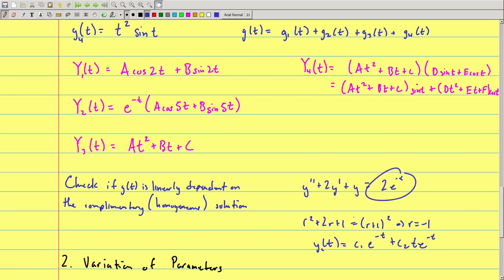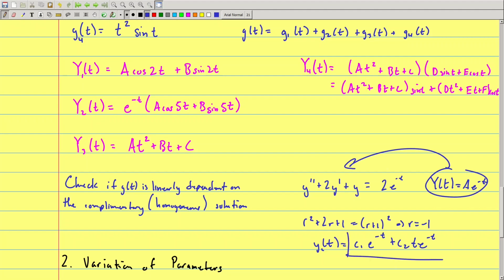But if I look at the right-hand side here, I notice that it's linearly dependent upon my homogeneous solution. This is a problem, because if I make a guess that looks like this and plug this into the original differential equation, I'm going to get 0.